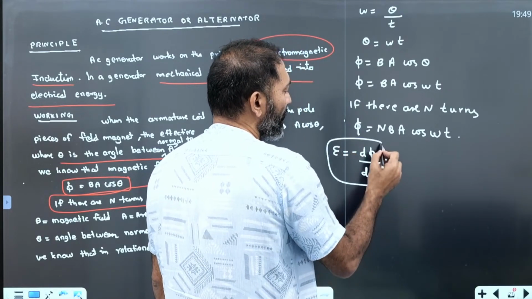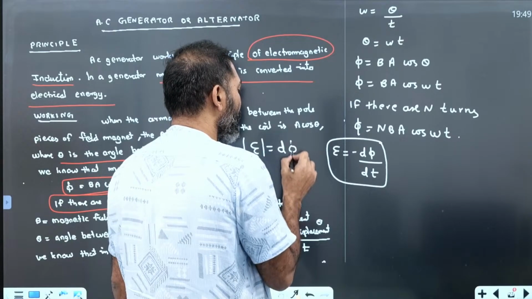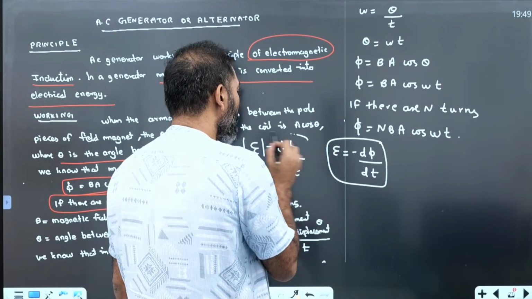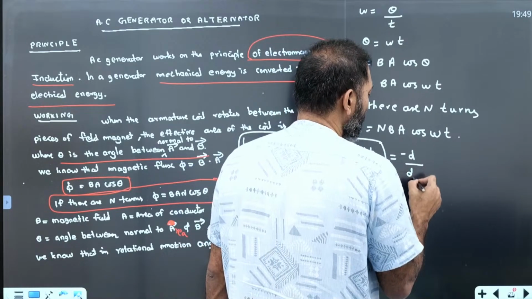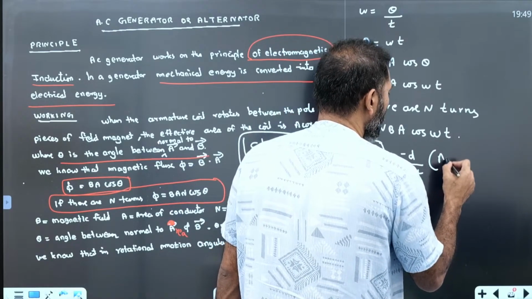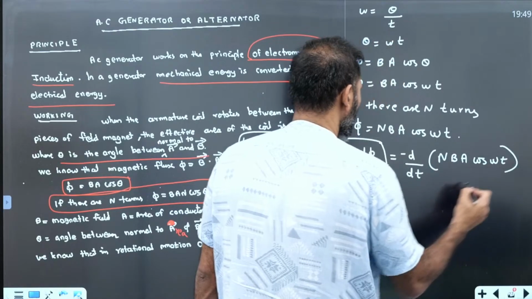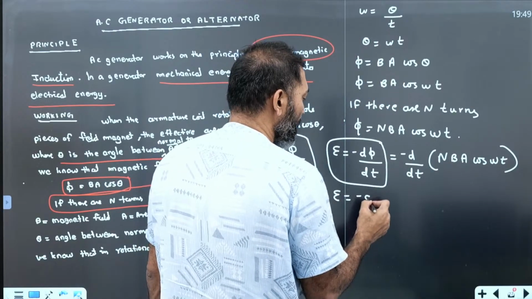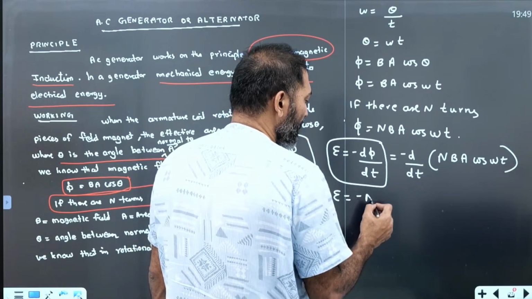According to Faraday's law, it is the magnitude of induced EMF. According to Lenz's law, it is what? Induced EMF is minus d phi by dt. So minus d by dt of, instead of phi, I can write what? NBA cos omega t. So induced EMF equal to what? Minus NBA, since NBA is constant and is taken outside.